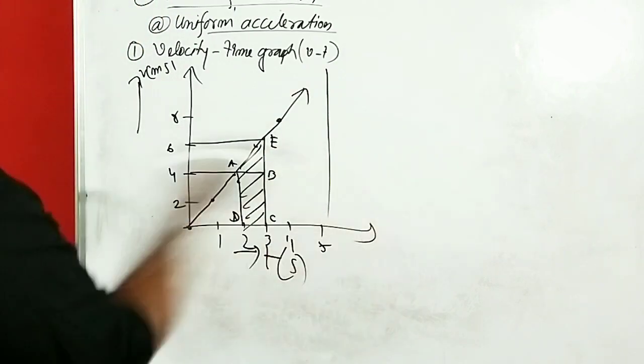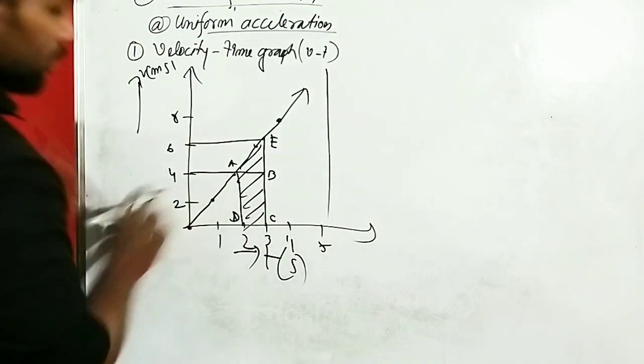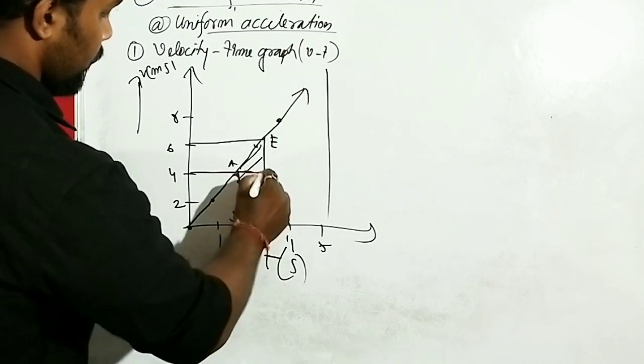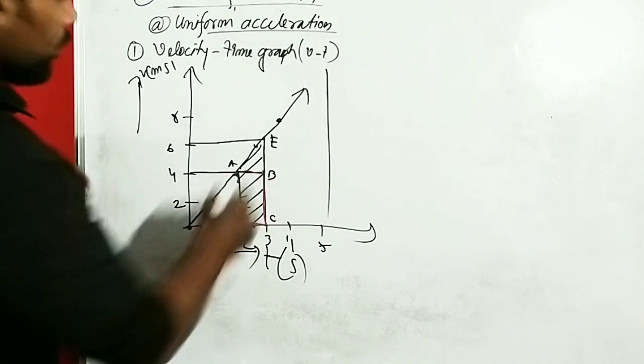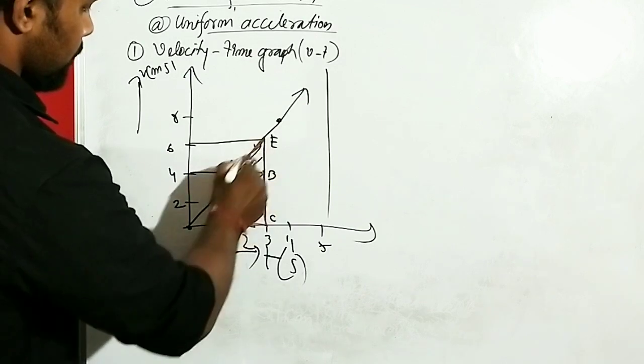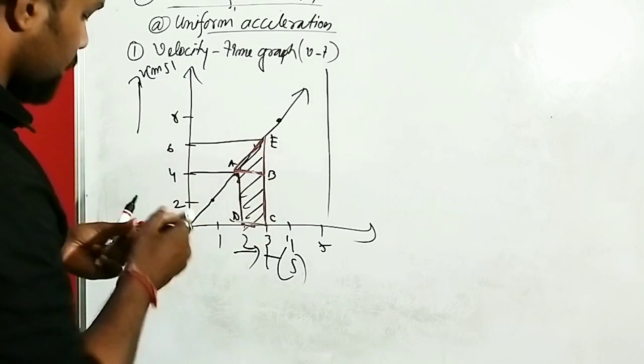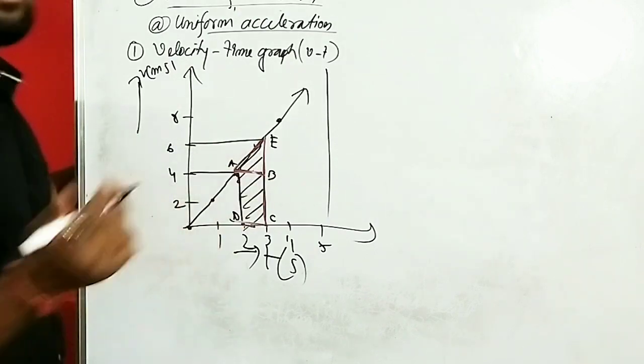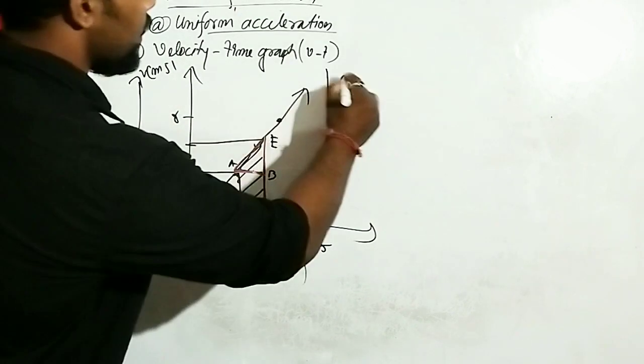So we'll check. If you clearly look, there is one rectangle, right, and one triangle, right? Now the area will give us what? The distance. So what will be the area here?